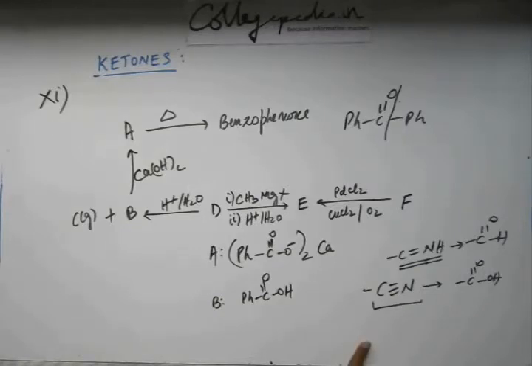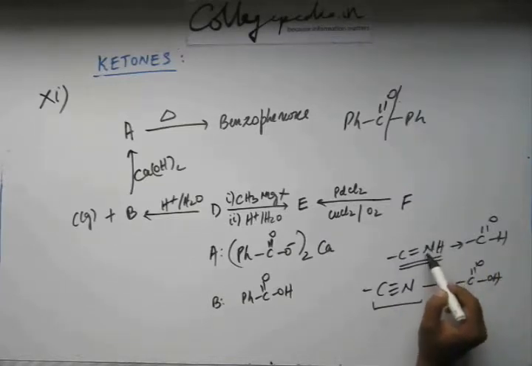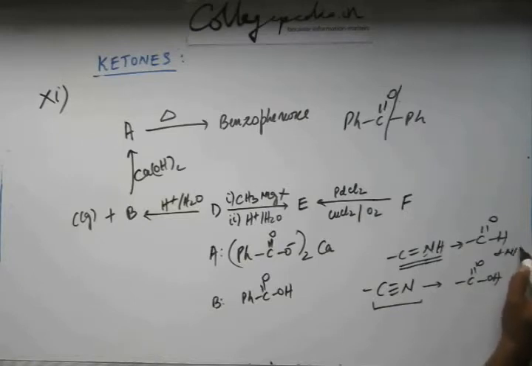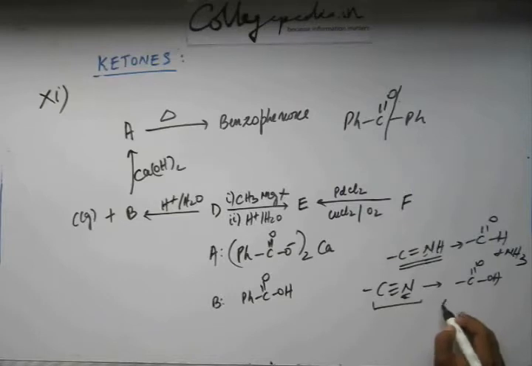Formally, I haven't taught you, but in one of the problems, I have told you that the cyanide on hydrolysis gives carboxylic acid. And in Stephen's reaction also, I have taught you that this nitrogen comes out as ammonia gas. So in this case also, this nitrogen will come out as ammonia gas.